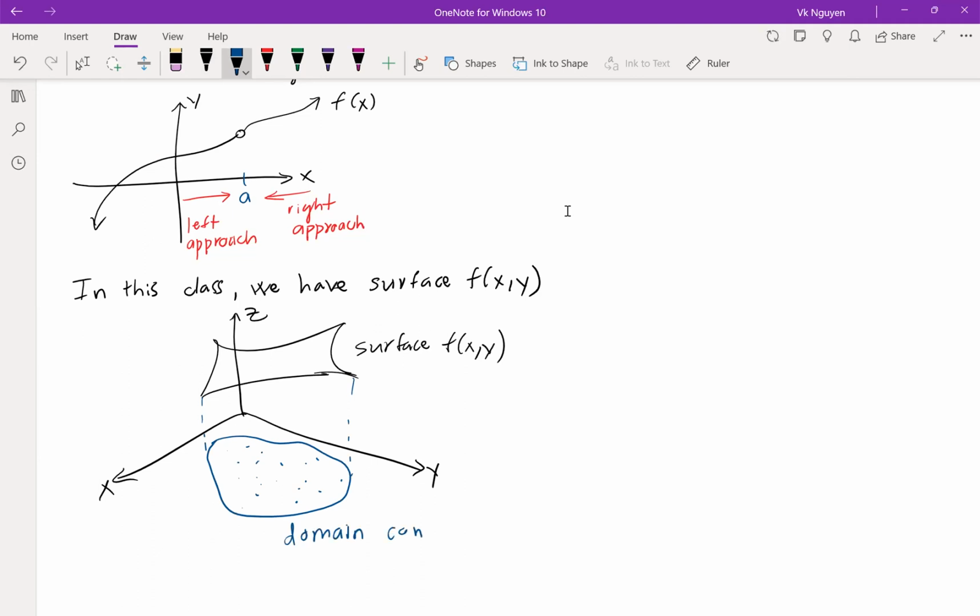It can be seen as the projection of f(x, y), of the surface, on the xy plane.